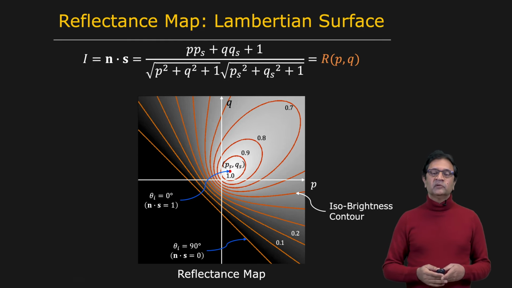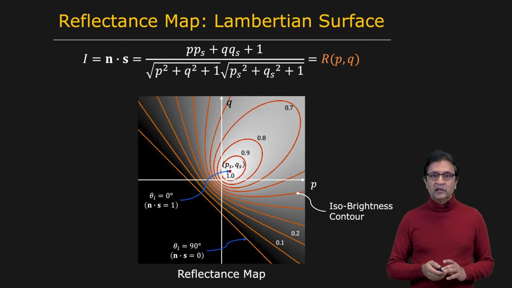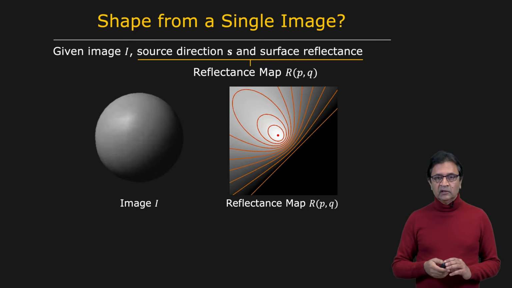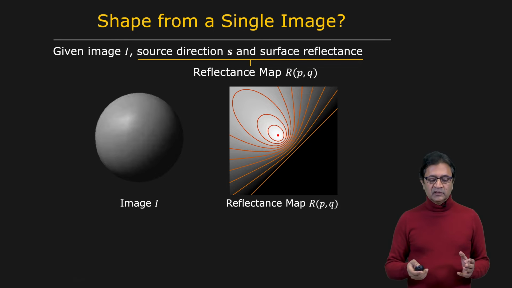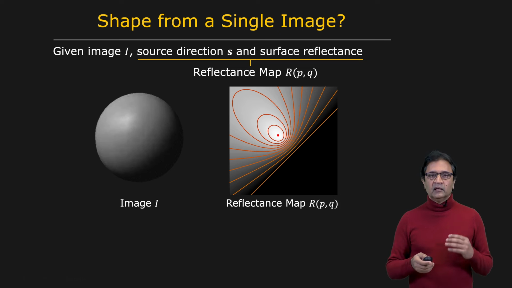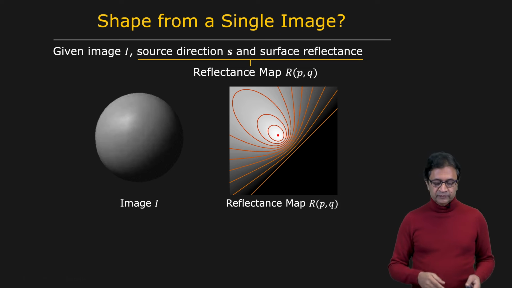So let's come back to our problem, which is recovering three-dimensional shape from image intensity values. The question that we need to ask is, can we recover the shape of a surface from a single image?